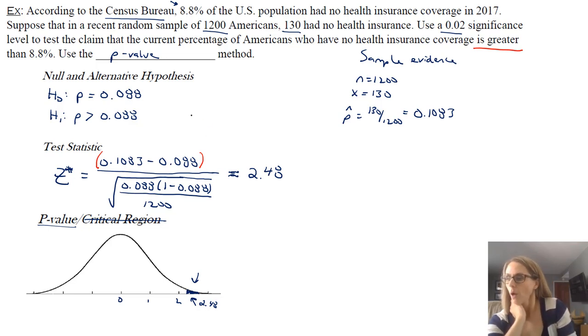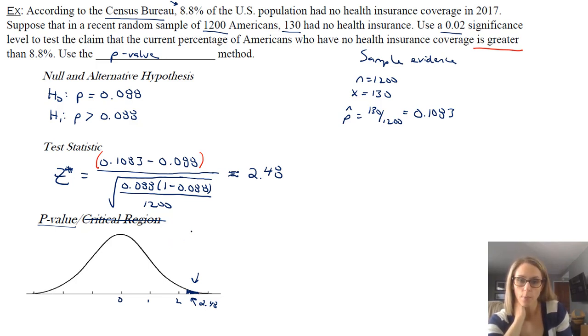The way to find that, you can do it a couple different ways. You can either do it in the calculator or in the tables, because this is a z distribution, the standard normal.